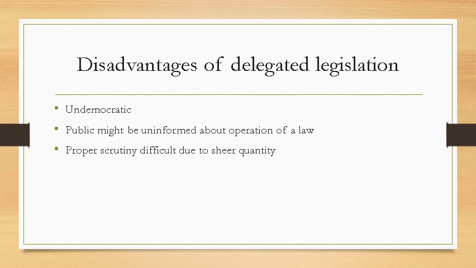Now see, when there are so many advantages, specifically in the current context, you would look at advantages only, because the norms are coming up very fast as per the requirements. There are certain disadvantages also, and we need to look at them. Number one, it is inherently undemocratic in nature.